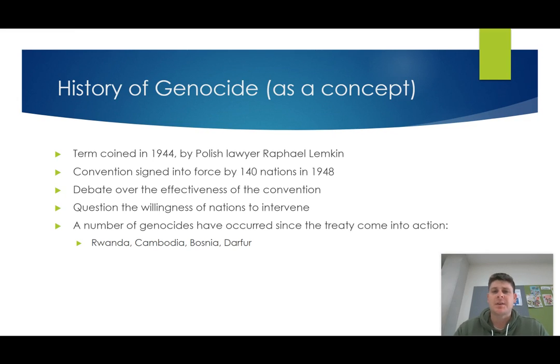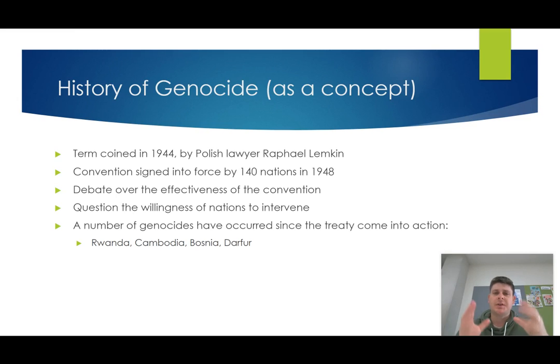Despite this treaty having all countries engaging and agreeing, we have had a number of genocides since it was ratified in 1948, in these 140 countries. We've had Rwanda, which we're going to look at as part of this lesson, Cambodia, Bosnia, and Darfur.